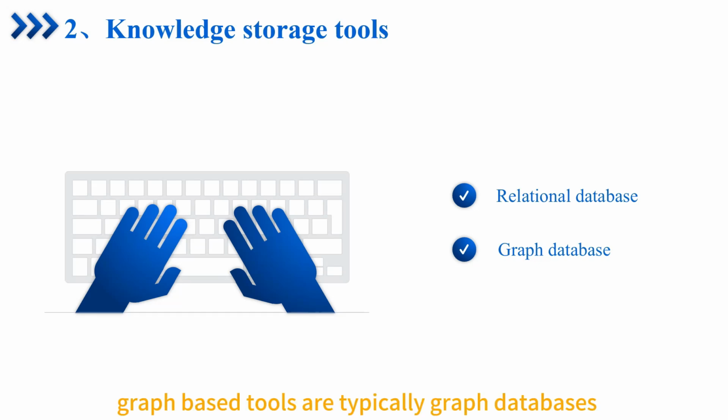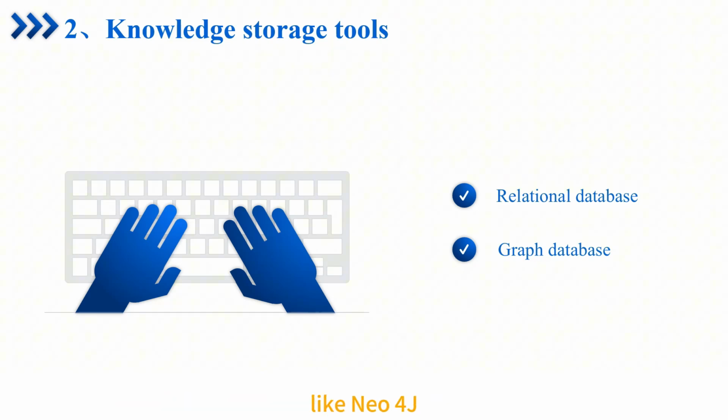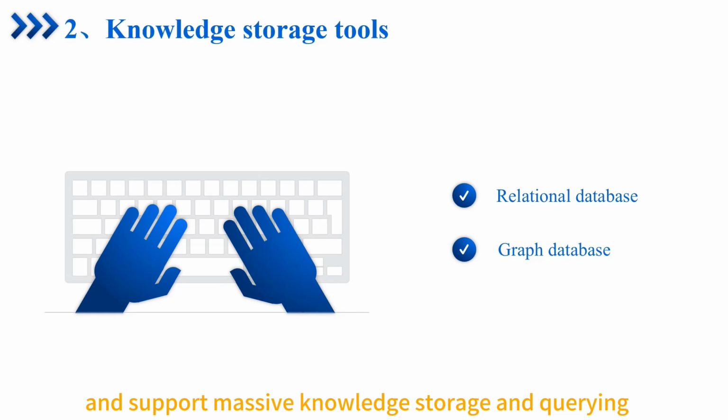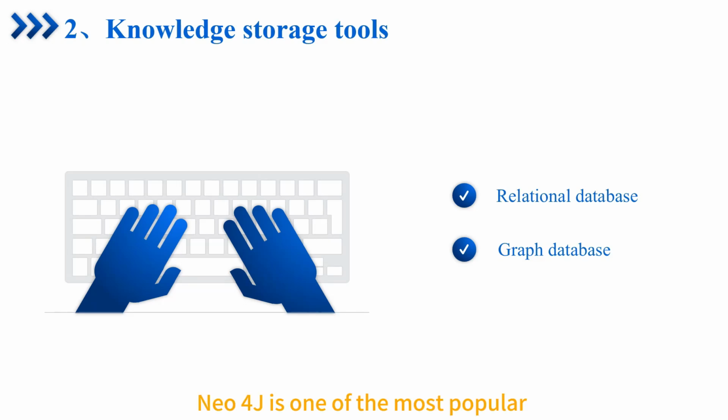Graph-based tools are typically graph databases like Neo4j, ArangoDB, and OrientDB. They store knowledge in the form of nodes and edges, which can capture complex semantic relationships and support massive knowledge storage and querying. Neo4j is one of the most popular open-source graph databases, known for its high performance, ease of use, and scalability.